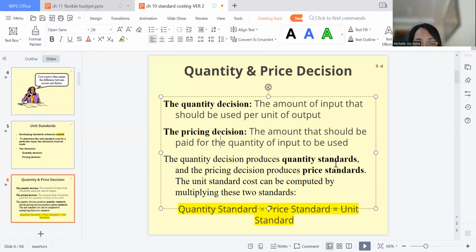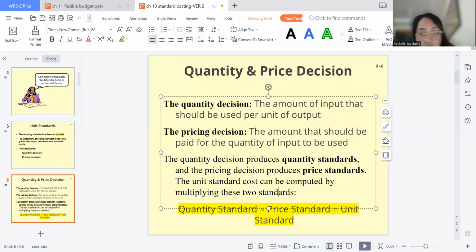And the pricing decision is the amount that should be paid for the quantity of input to be used, the price. The quantity decision produces quantity standards, and the pricing decision produces price standards. The unit standard cost can be computed by multiplying these two standards.